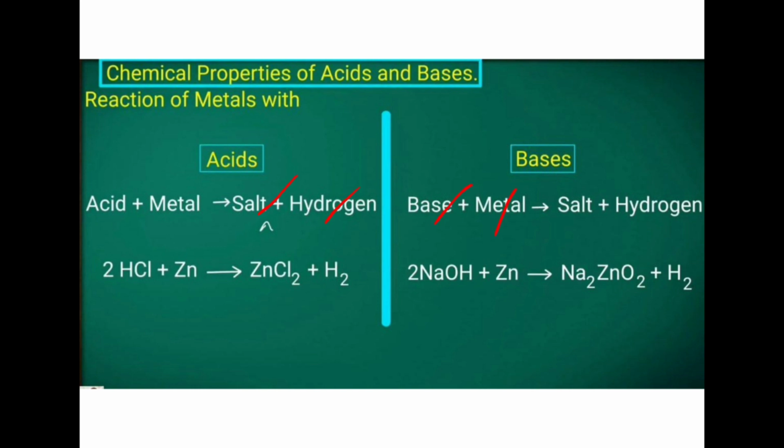Base plus metal also produces salt and hydrogen. For example, instead of acid we take HCl. HCl plus zinc metal gives zinc chloride, plus hydrogen gas is evolved. Then similarly sodium hydroxide plus zinc metal gives sodium zincate.